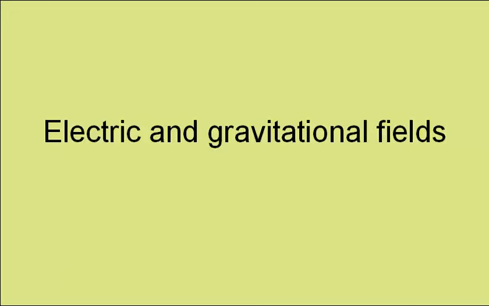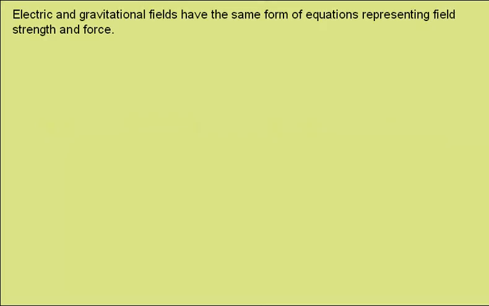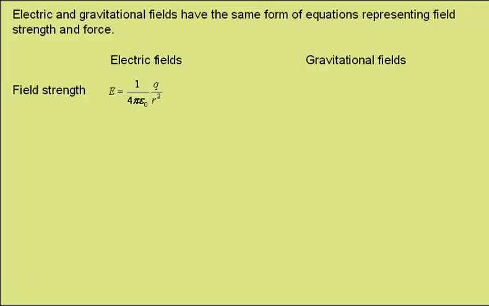Electric and gravitational fields. Electric and gravitational fields have the same form of equations representing their field strength and their force. So comparing the two here, first for field strength, an electric field, E, is given by 1 over 4 pi epsilon naught times the charge Q over the separation R squared.